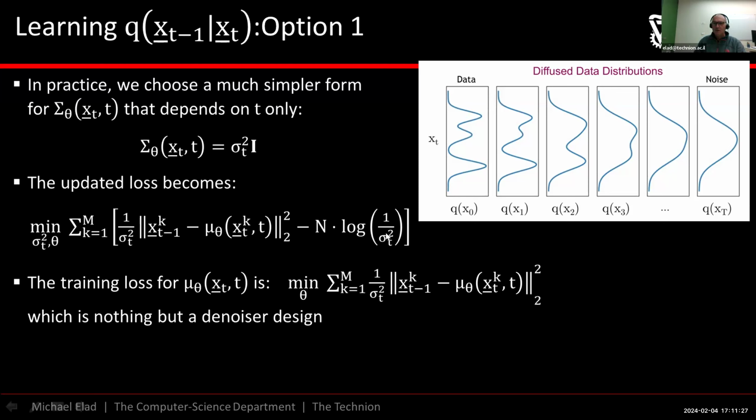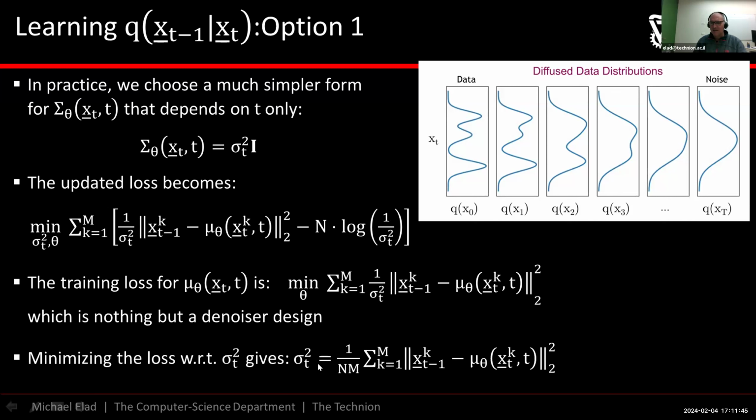Now, if you take the derivative of this with respect to z, what do you get? This coefficient here drops out. So you get all this expression with the sigma here. And the log derivative is 1 over z. So with a little bit of algebra, you get that sigma t squared is exactly this expression.